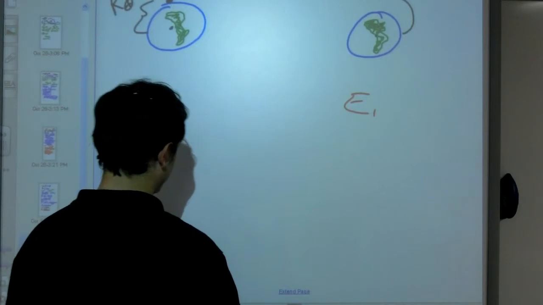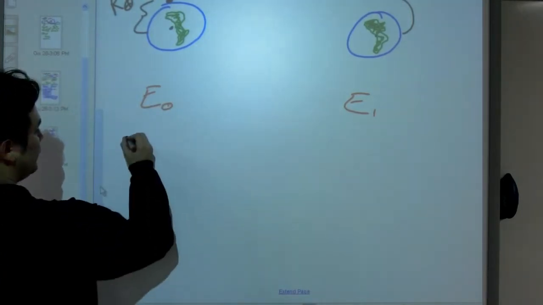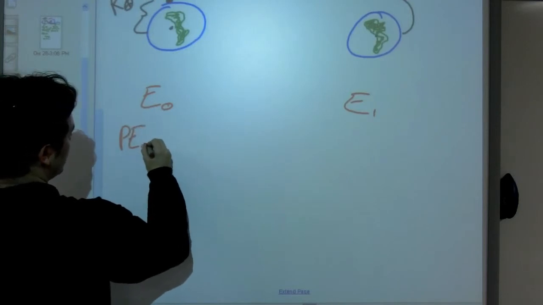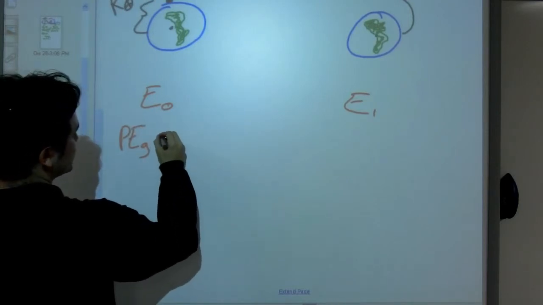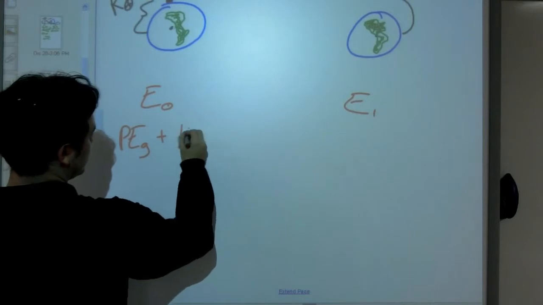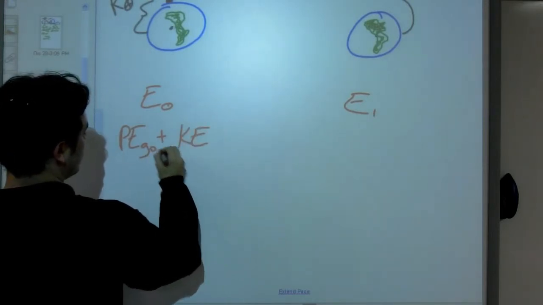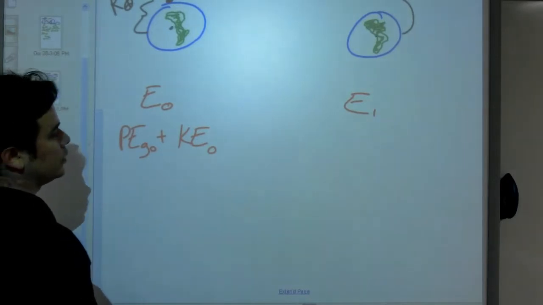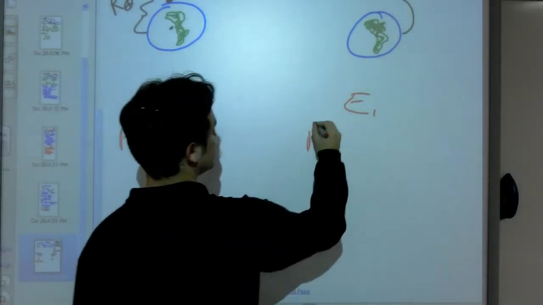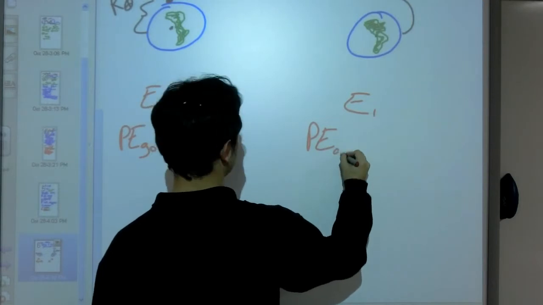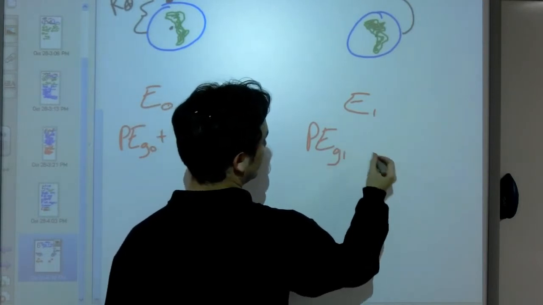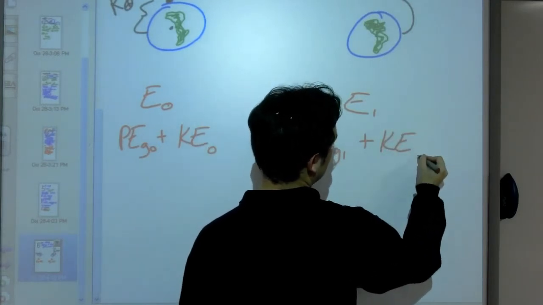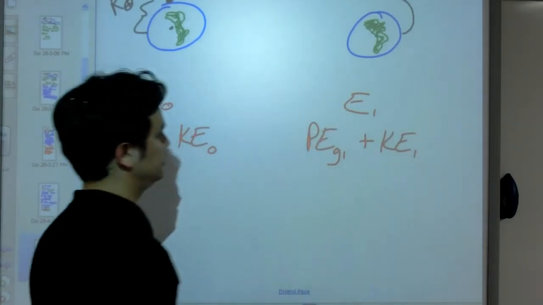We've got potential energy due to gravity, and we've got some kinetic energy, at our initial position. And then finally, we've got some potential energy due to gravity at the end, plus some kinetic energy at the end.